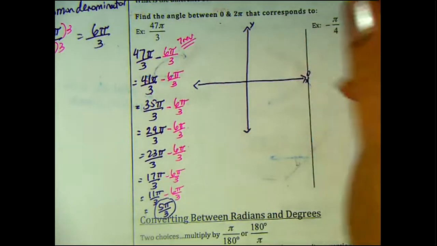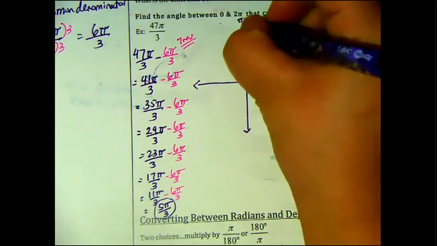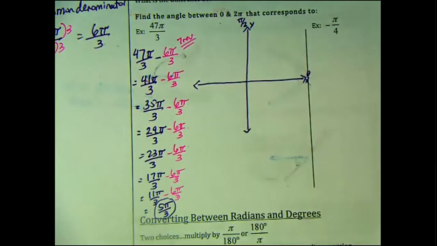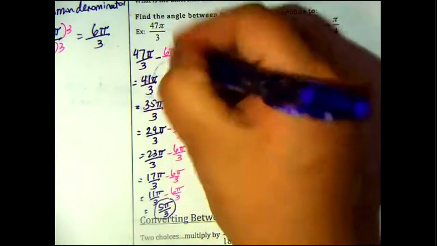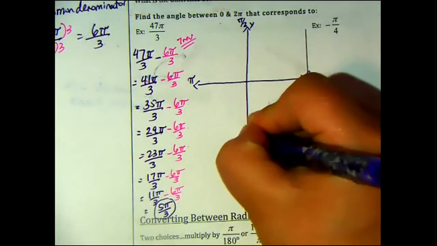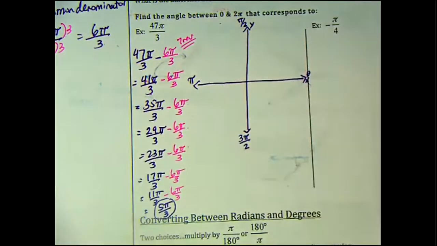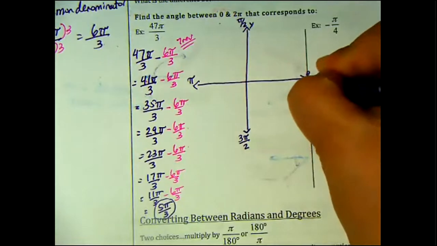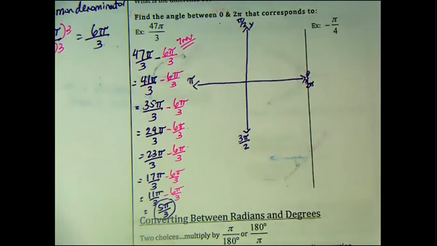So this is obviously our 0. This is going to be pi over 2. That's the same thing as 90 degrees. This is going to be our pi. That's the same thing as 180, right? And then I believe this is going to be our 3 pi over 2. And then this is our 2 pi total, okay?